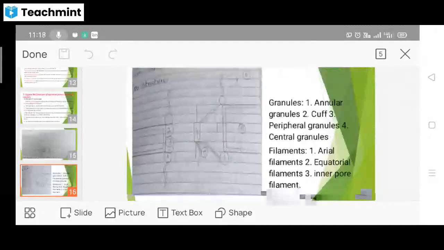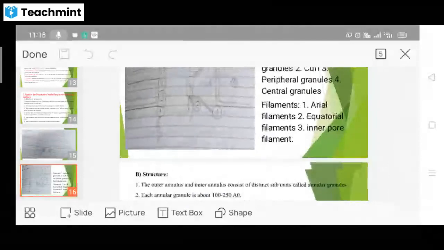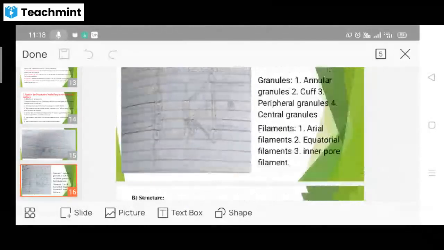This complex is mostly made of two components, that is granules and filaments.